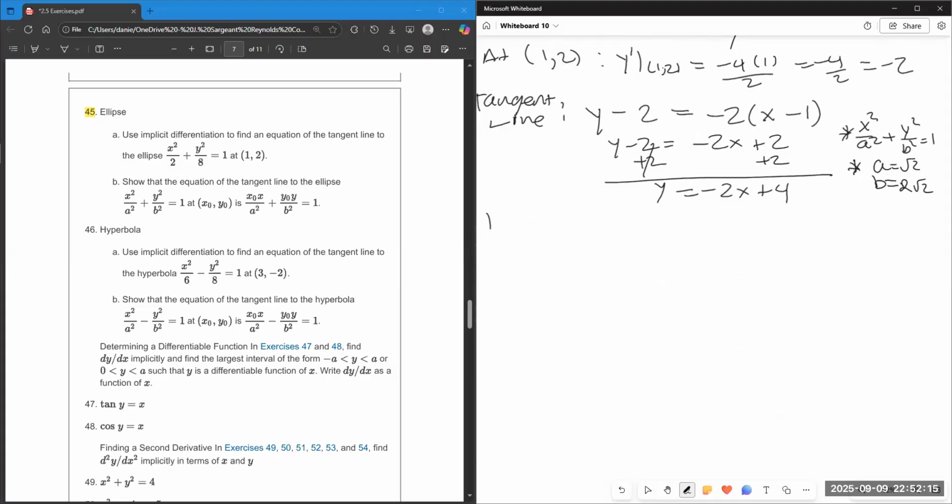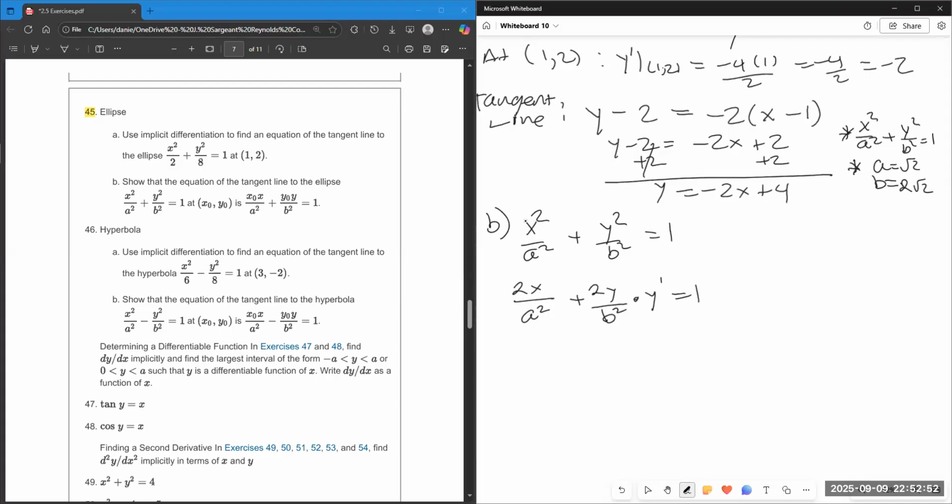Okay, so for part B, we're told to take our generic equation x squared over a squared plus y squared over b squared equals 1, and implicitly differentiate it to find y prime. So 2x over a squared plus 2y over b squared times y prime is equal to 0, differentiating.